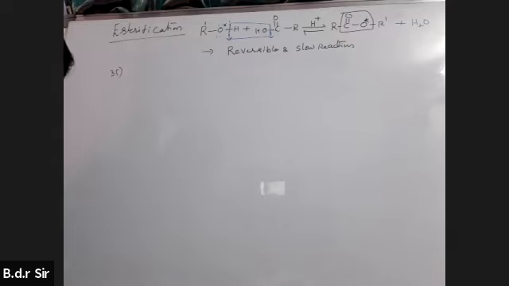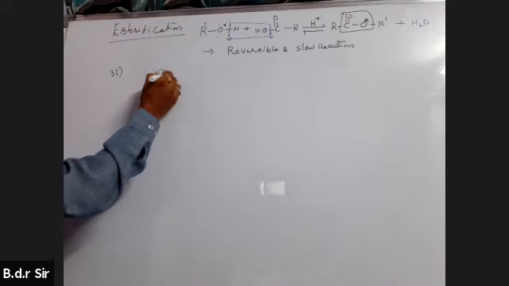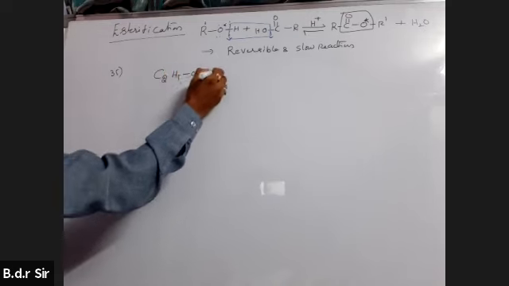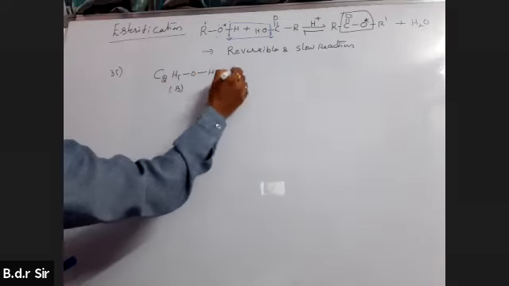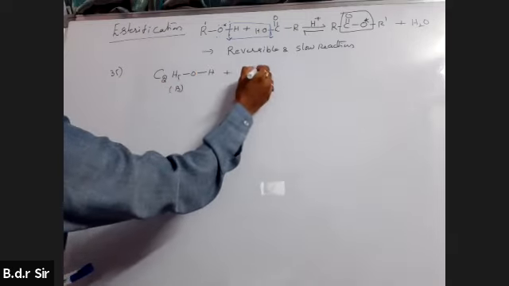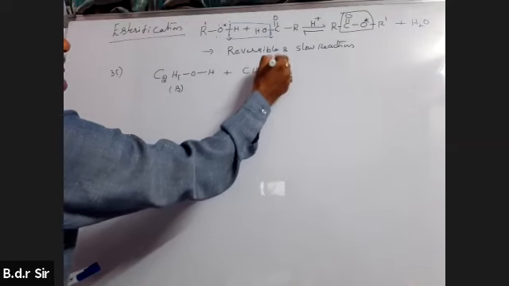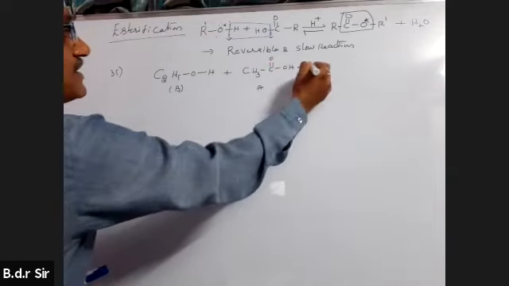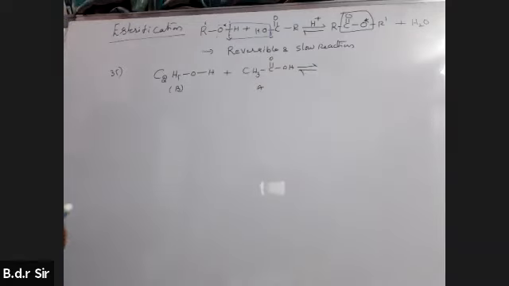The bond cleavage during esterification reaction between acetic acid A and ethyl alcohol C2H5OH, this is B, and acetic acid CH3COOH, this is A. In esterification reaction, what is the product?